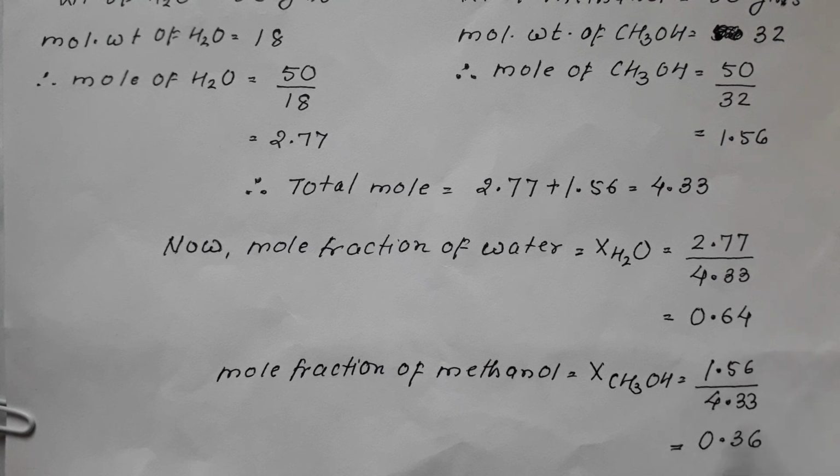Similarly, if we calculate the mole fraction of methanol, it is the mole of methanol 1.56 upon the total mole 4.33, which gives the mole fraction of methanol as 0.36.